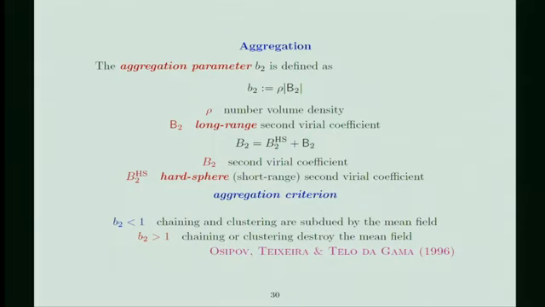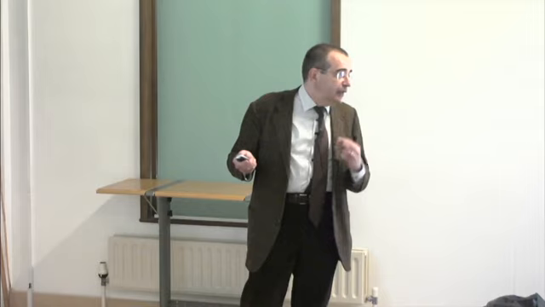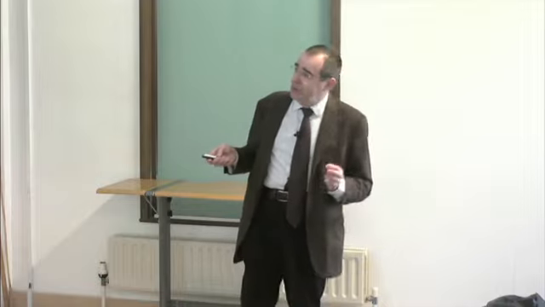So the question is, can we compute B2? That's a question. And this is not an easy question in general, because we need an accurate, precise, analytic computation of B2. Of course, for spheres, it's easy to compute the short-range component, but the long-range component for dipolar interactions has been long debated in the literature.